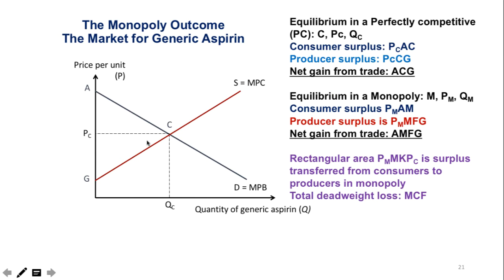So remember, in a perfectly competitive market, the intersection of supply and demand determines the equilibrium price and equilibrium quantity, right?